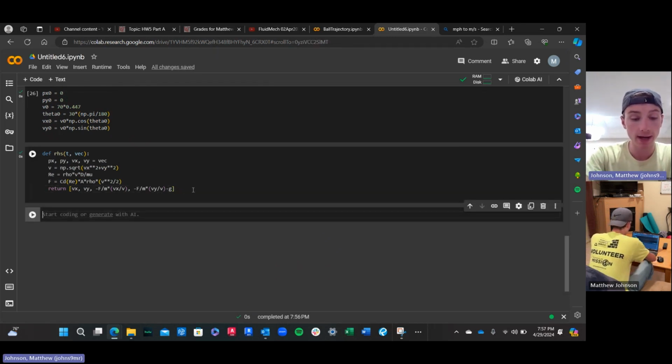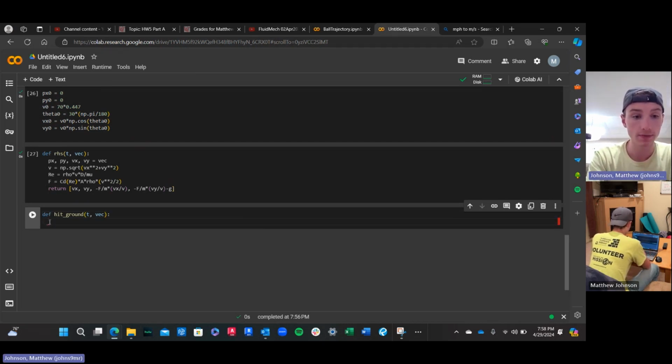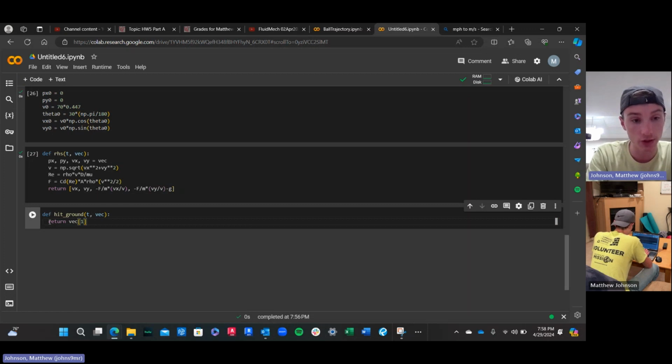Okay, next we're going to define an event called, let's say, hit ground. Again, it's dependent on the time and the values of that vector. When we call this function, we want to return the first value of the vector, the x position, so we know where the ball's at.